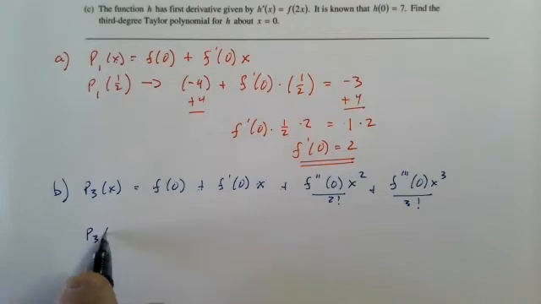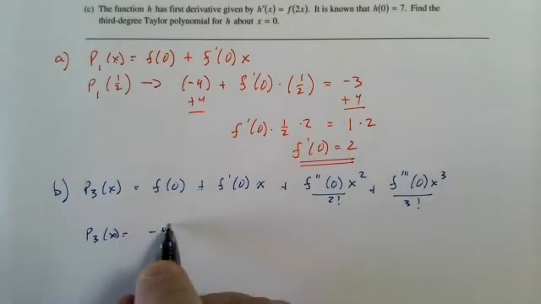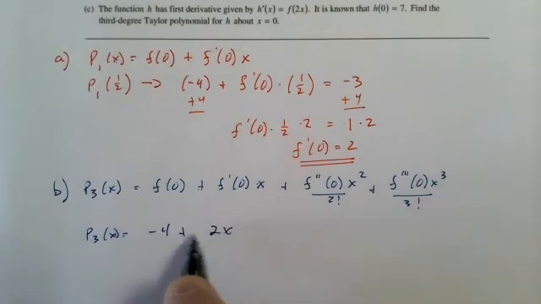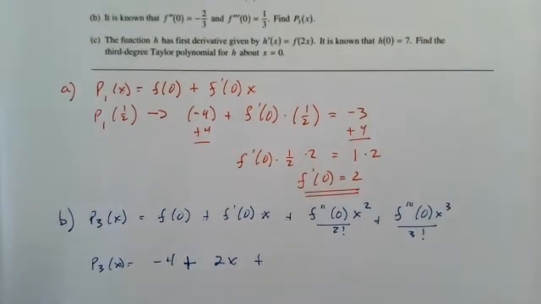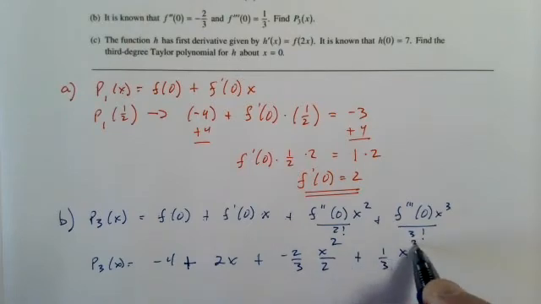So P3 of x equals -4 plus 2x plus f double prime, which is -2/3, x squared over 2, plus 1/3 x to the 3 over 3 times 2.